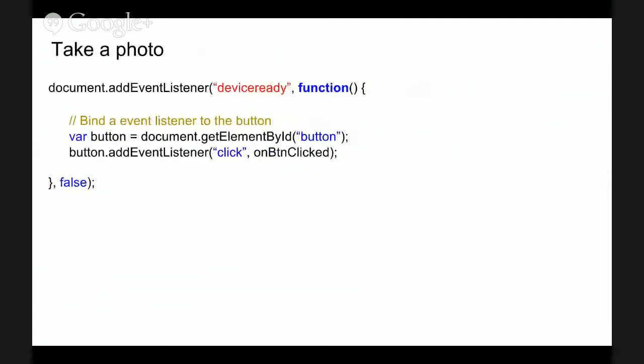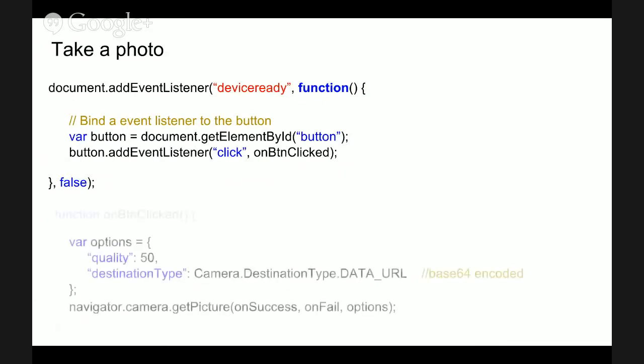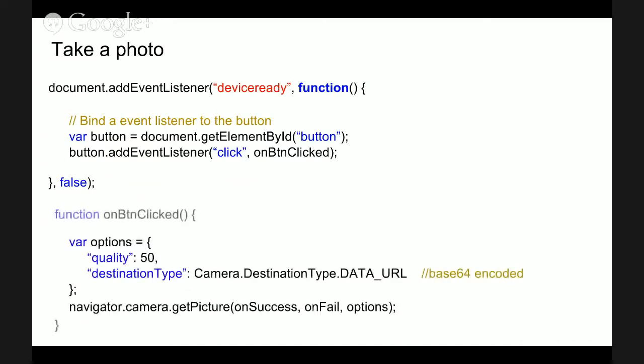In the event listener for the deviceready event, bind an event listener to the button. Then in the onButtonClick function, call navigator.camera.getPicture. This method is added by the camera plugin. getPicture will open the native camera UI through the plugin.